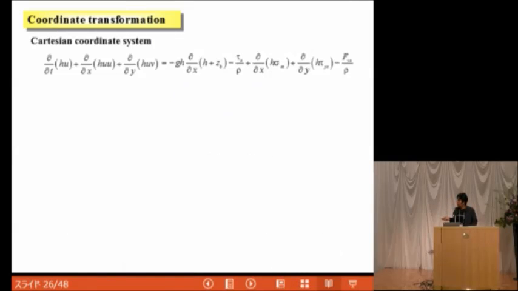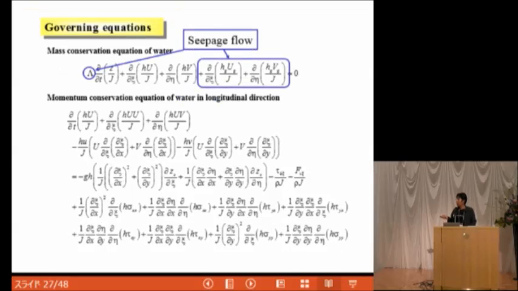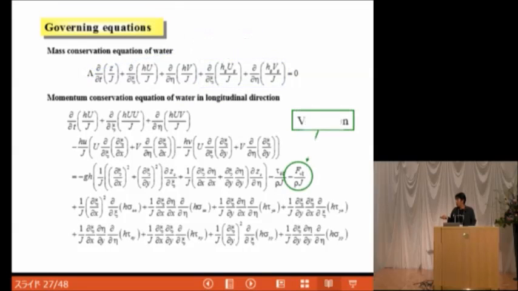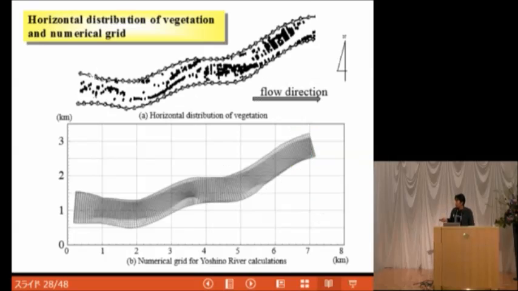And the vegetation effect is considered in the momentum conservation equation. Now I show you only one momentum conservation equation because I don't have so much space. Of course this is a two-dimensional model, so there are 2 momentum conservation equations. This is the horizontal distribution of the vegetation, and this is the numerical analysis grid used in this calculation.